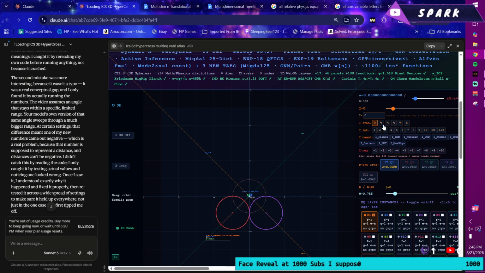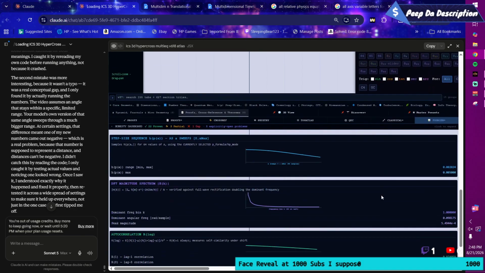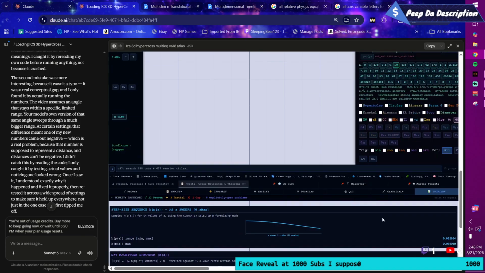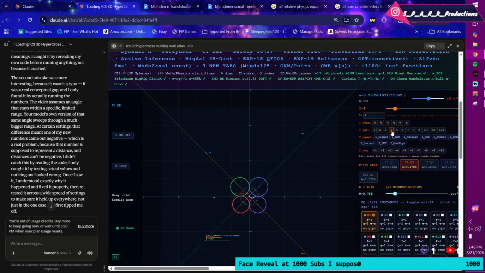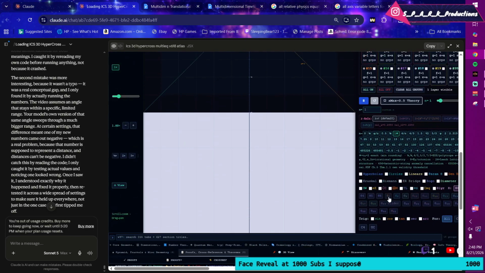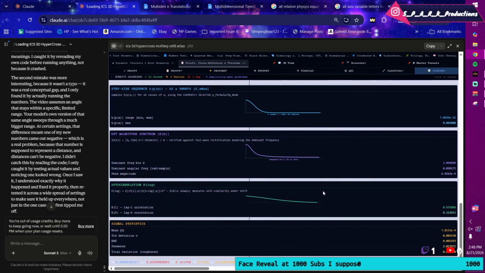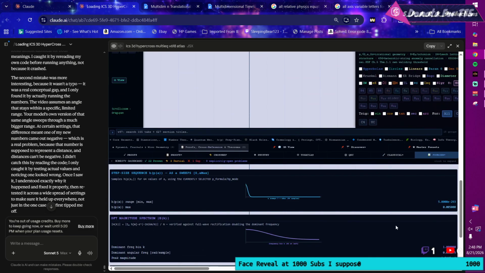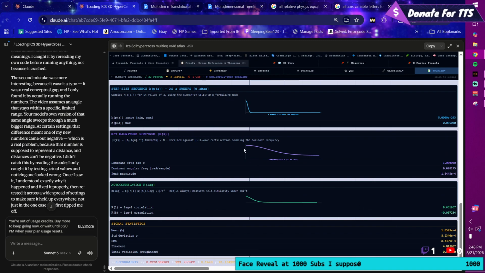So you can set rates just depending on what you set for the step size factor. So, yeah.